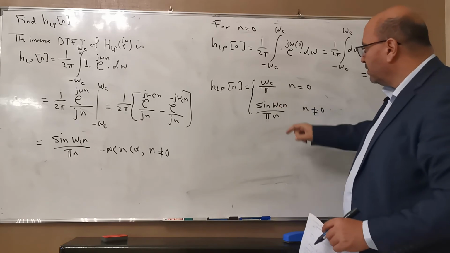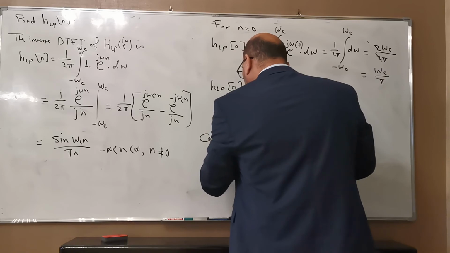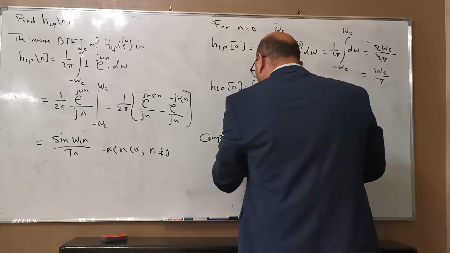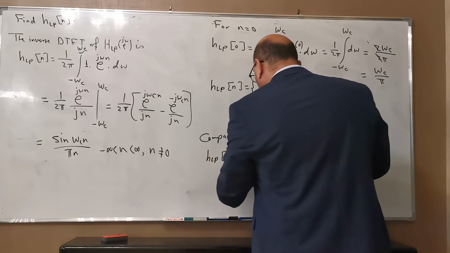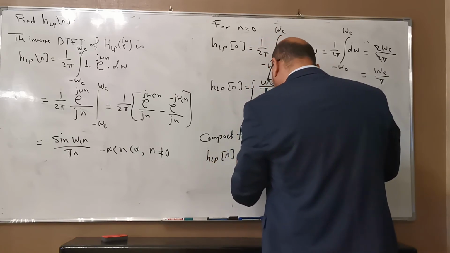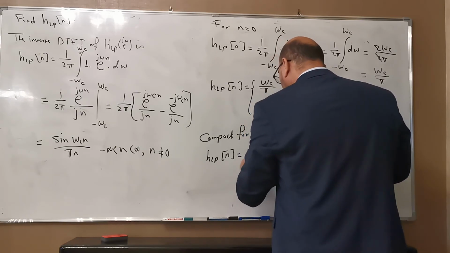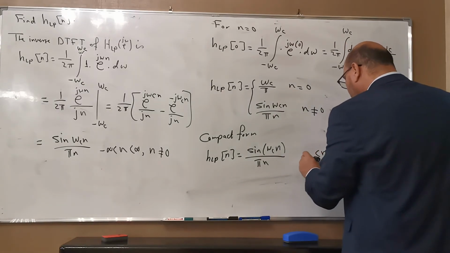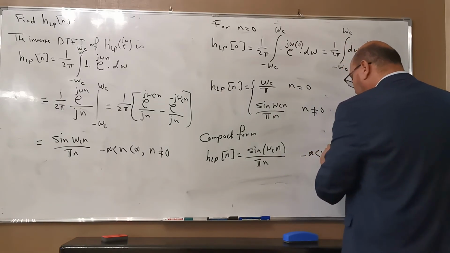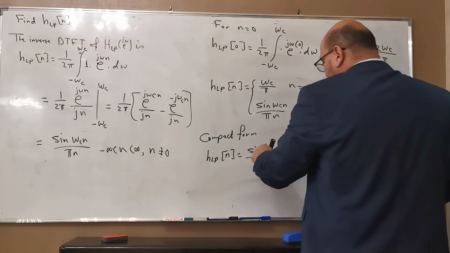So you can say that I have a compact form: h low pass of n is equal to sine omega c n over pi n for n between minus infinity and infinity, and we do not include the 0 because it's already inside this one.